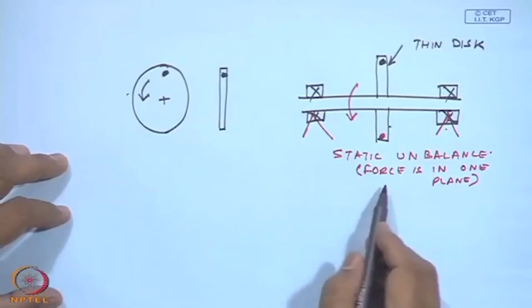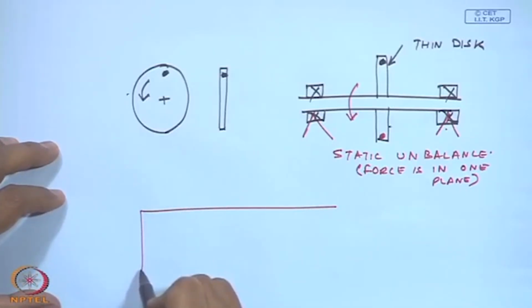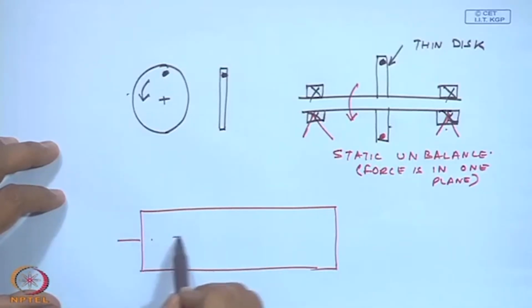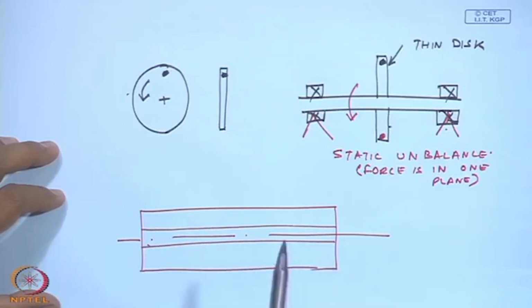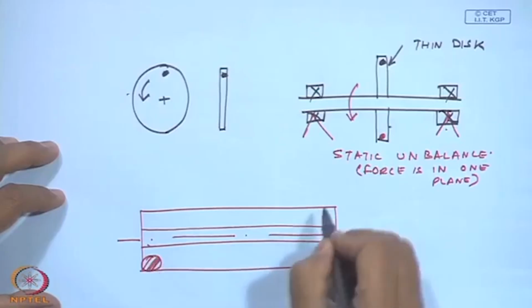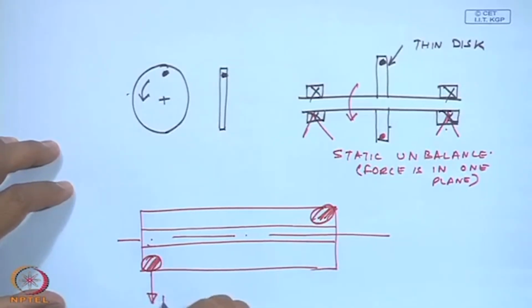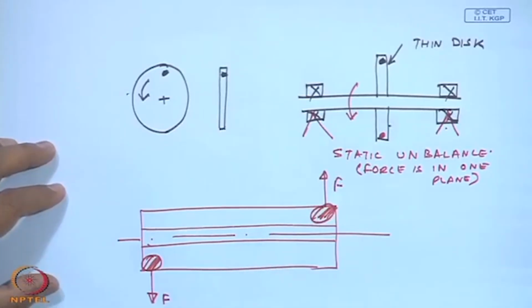Now, imagine instead of this disk, I have a long rotor like the rolls of a paper mill. If I have an unbalanced mass at this location and if I have an unbalanced mass at this location, so this is giving me an unbalanced force in this direction and this is giving me an unbalanced force in this direction. So, from a force point of view, this is balanced.